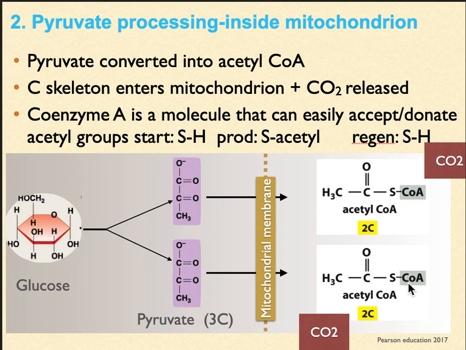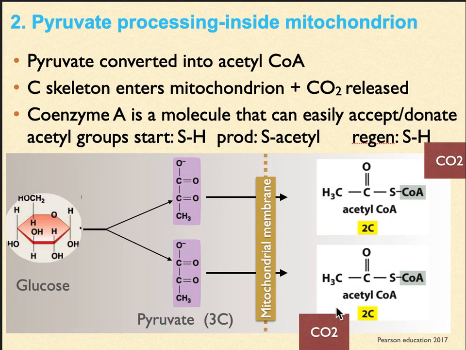And don't count this as a carbon because this is an abbreviation. This CoA represents a much larger molecule that is often not drawn out because it's just so large it takes up a lot of space on the page essentially. I know it's kind of silly, but that does not count as a carbon from glucose. We only have 2 carbons from glucose left.